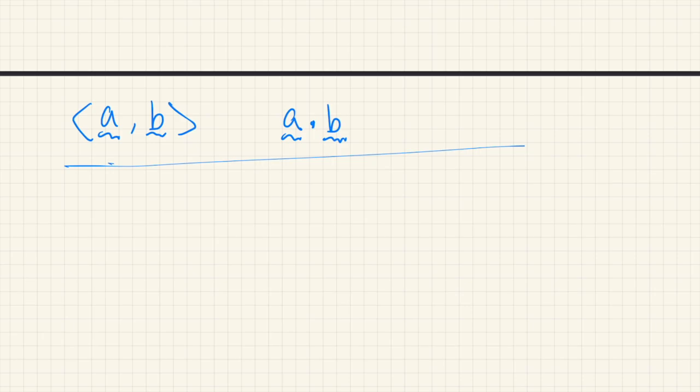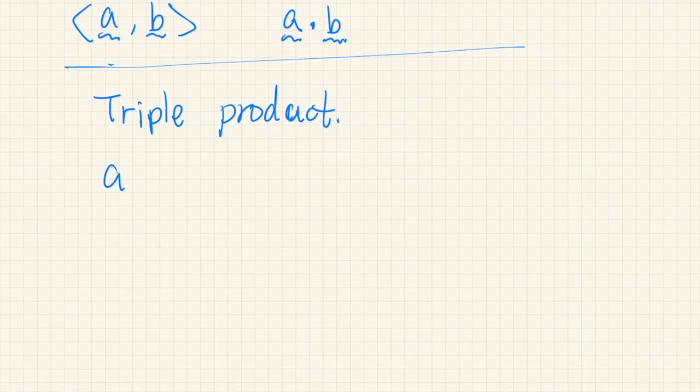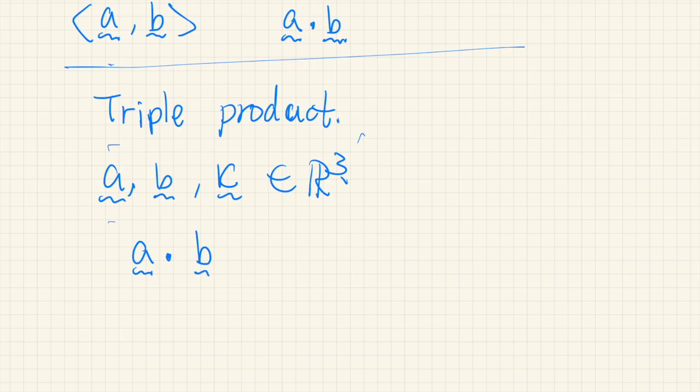Now using this notation, let us define the triple product. Let's say we have three vectors, A, B, C, that are three-dimensional vectors. Then the triple product of these three vectors is defined as A dot B cross C.